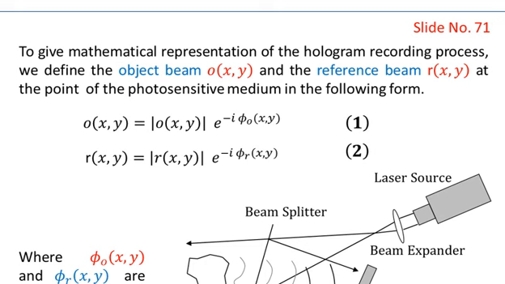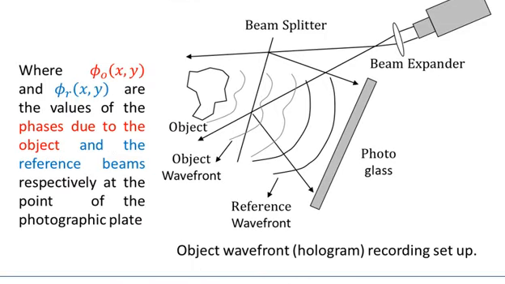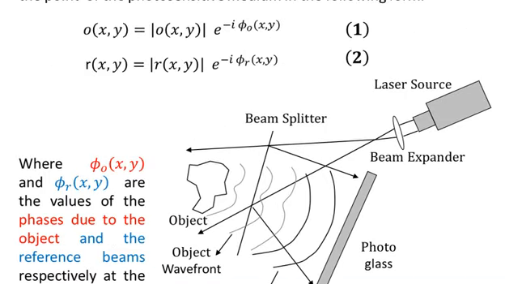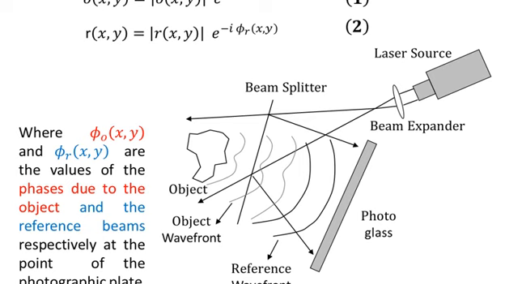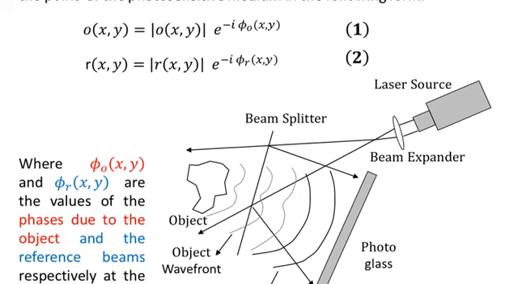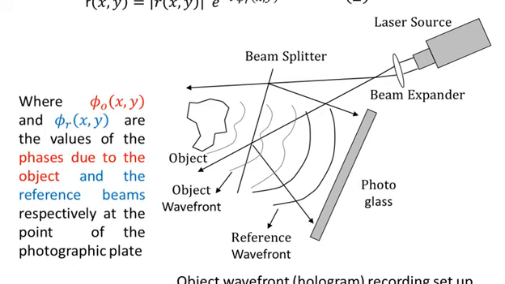These two beams reach the photographic plate, and they interfere together and form an interferogram, where phi naught of x, y contained in equation number 1 and phi R of x, y contained in equation number 2 are the values of the phases due to the object and the reference beams respectively at the point of the interferographic plate.